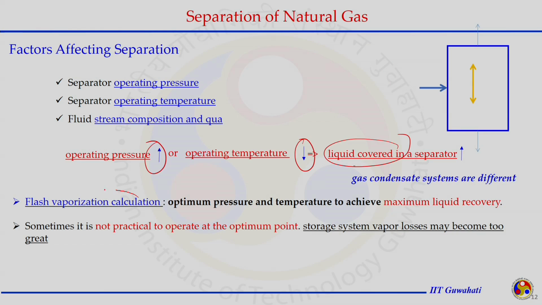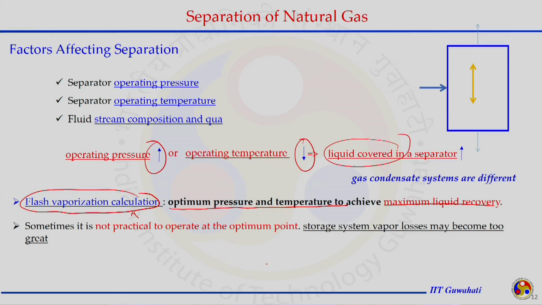For that there is a procedure called flash vaporization calculation, which allows us to find the optimum pressure and temperature to achieve maximum liquid recovery.